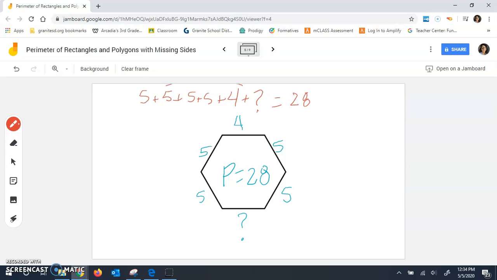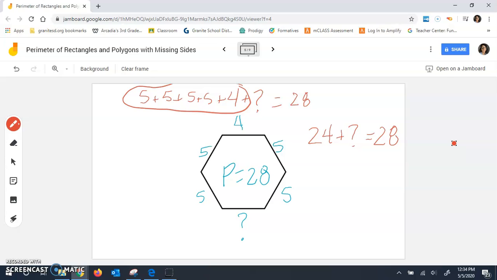So we've got to figure out what this something is. I'm going to add all of these together. Count by 5s: 5, 10, 15, 20. 20 plus 4 is 24. So what this is saying is 24 plus something gets us to 28.